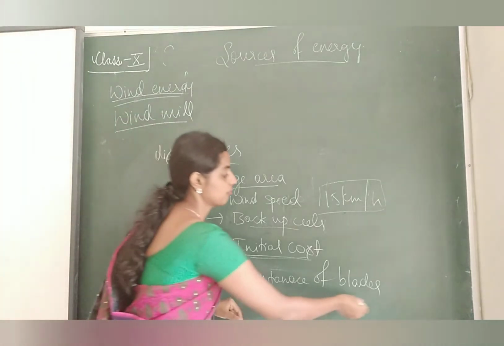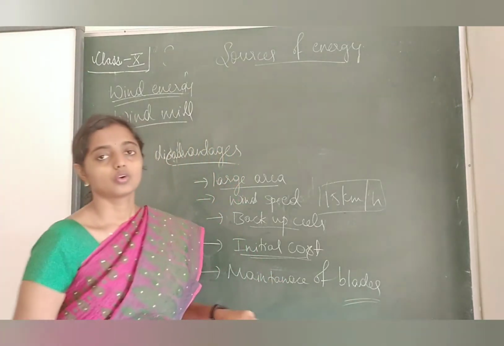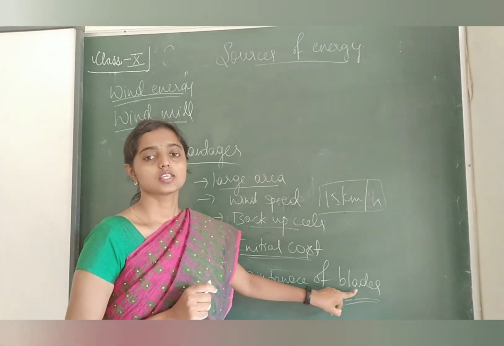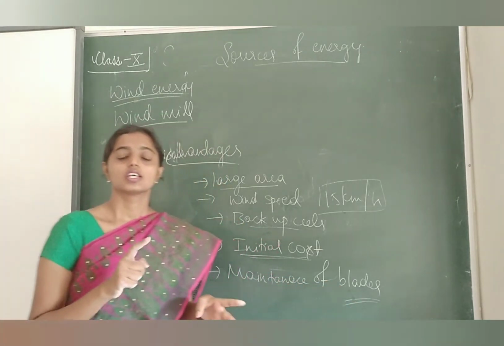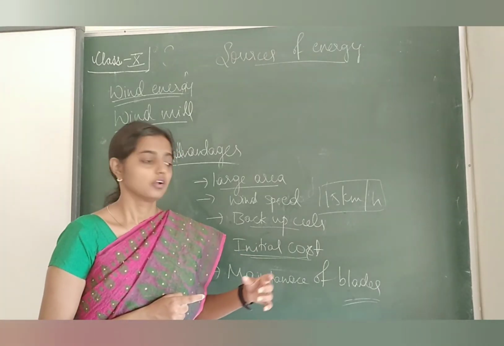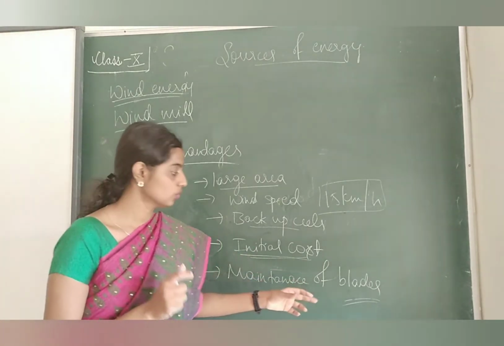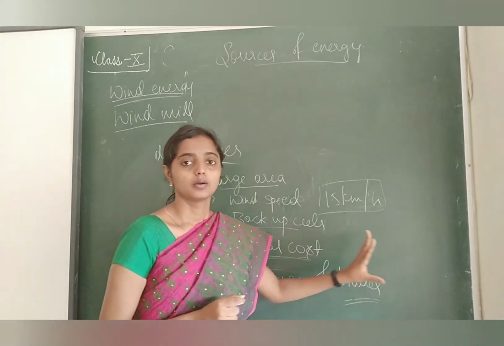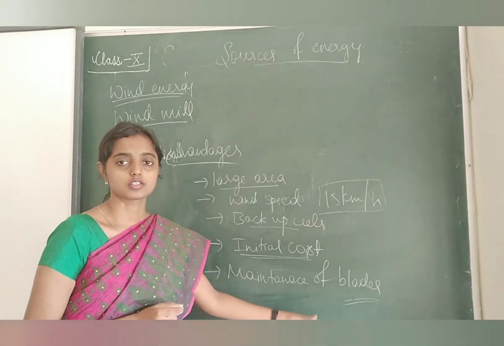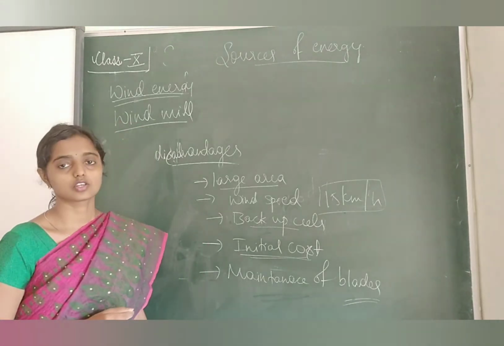Next, maintenance of blades. The blades are exposed to the atmosphere: sunlight, rain, storms, cyclone, etc. We need to keep those blades in proper condition, so maintenance will be a high cost. So this comes under disadvantages.